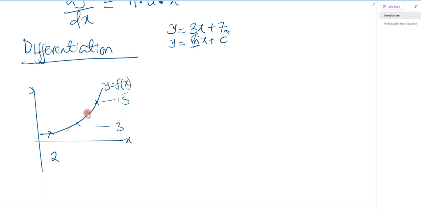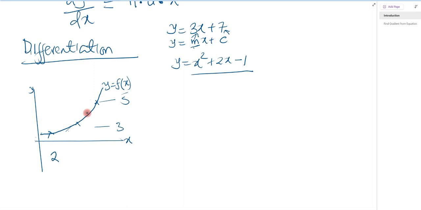So when you have a curve, or an equation like y is equal to x squared plus 2x minus 1, we cannot talk about finding the gradient like we did with linear equations.